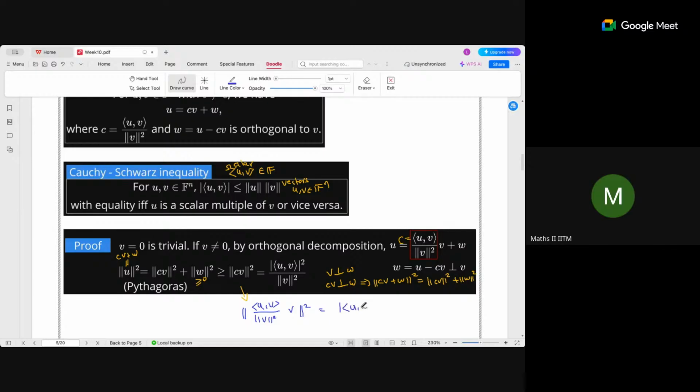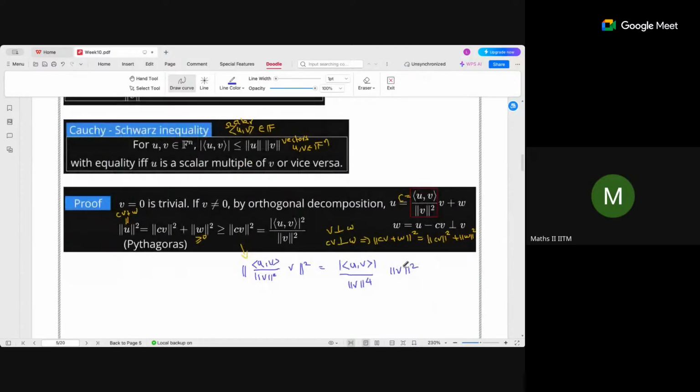So you have modulus of inner product u comma v by norm v square, whole square, times norm v square. Already you have norm v square, and then a square here, so norm v power 4 into norm v square. Now you can cancel these powers, because v is non-zero so the denominator is valid, and you will have modulus of inner product u comma v square by norm v square. Is this calculation clear for everyone? What we have done here, is that clear?